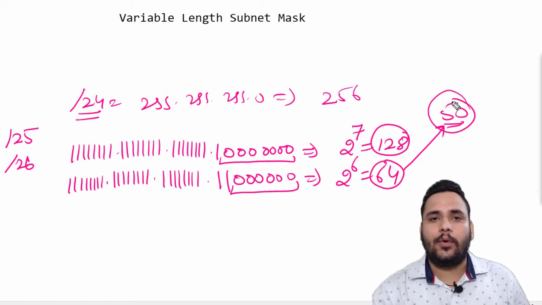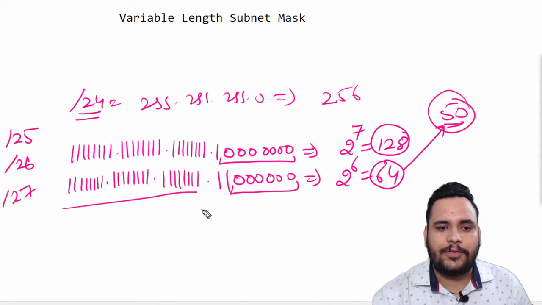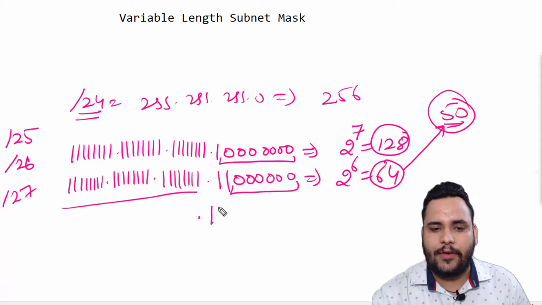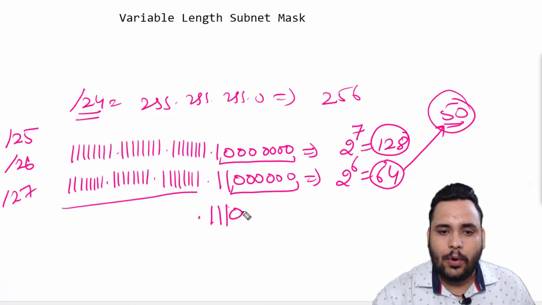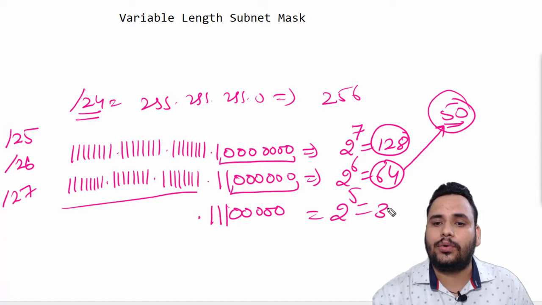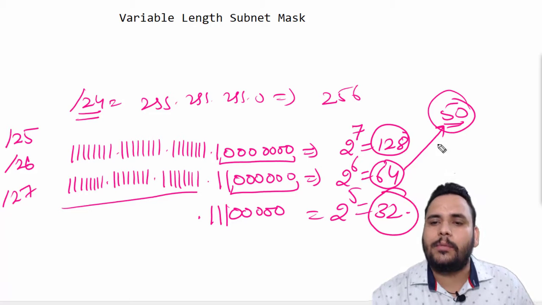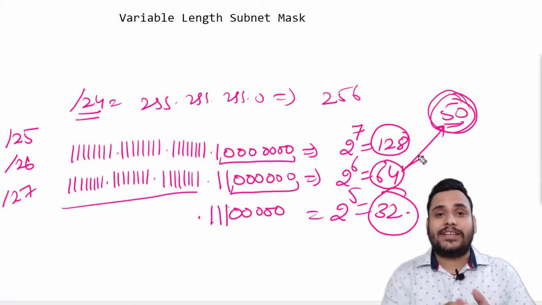Why don't I use /27? Because if after 24, 25, 26, 27 I add one more bit, then my host values become fewer. 2 raised to power 5 is equal to 32. So in 32 my requirement is not completed, so that's why I have to use 64.